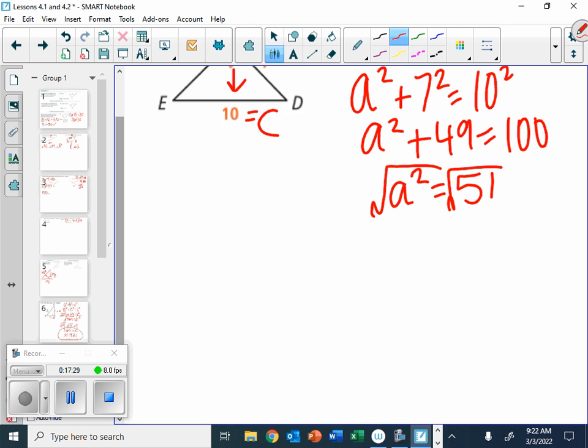Okay, 51 I can tell you right now is not a perfect square. But go double check for me that there aren't any perfect squares that go into 51. So 4, 9, 16, 25. Make sure none of those go into it.